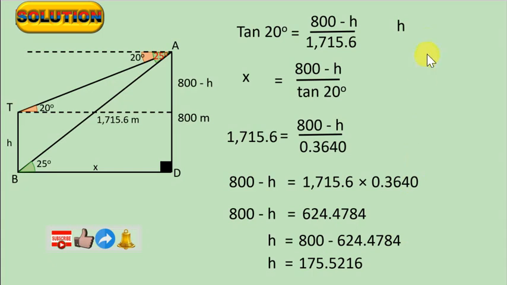So the value of h then will now give us 176 meters, correct to 3 significant figures. Once the digit after the third number is 5 or above, you round up and add 1 to it. That's how we got 176 meters.